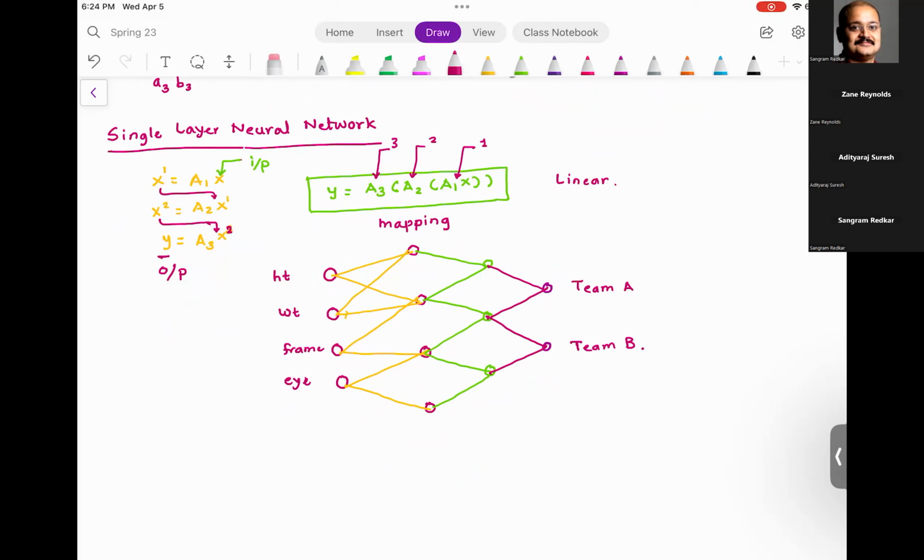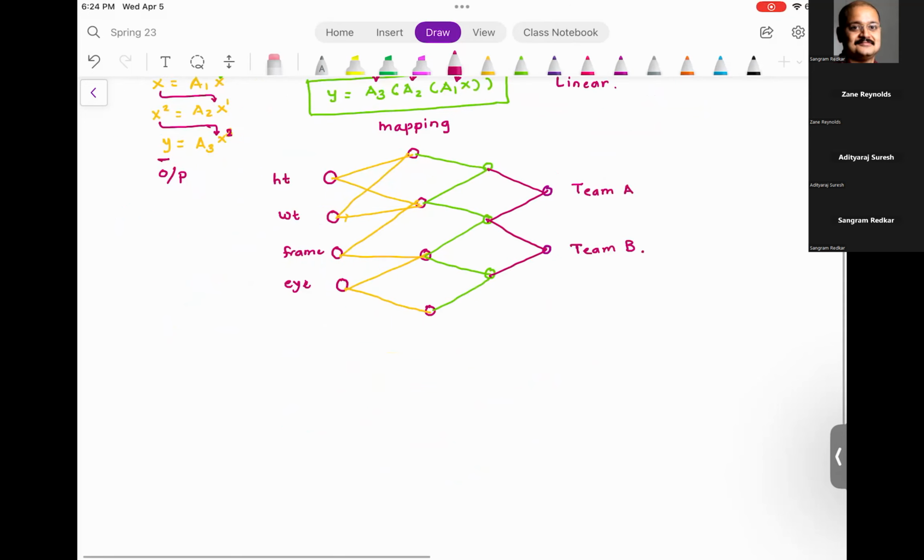Now, if I want to express this as a simple single layer network, let's start with a simple example. An example of a single layer network: we are looking at this example again and again.